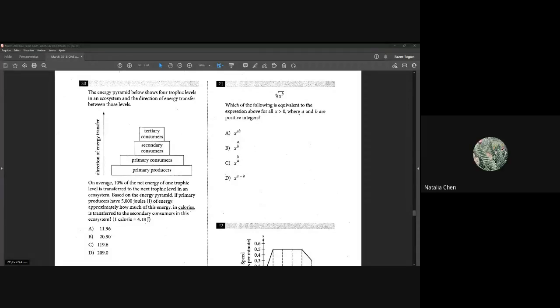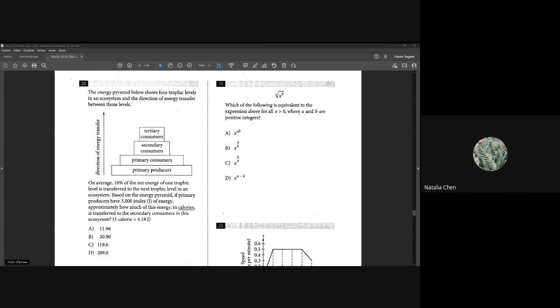The energy pyramid below shows the four trophic levels in an ecosystem and the direction of the energy transfer between those levels. On average, 10% of the net energy of one trophic level is transferred to the next trophic level in an ecosystem based on the energy pyramid.